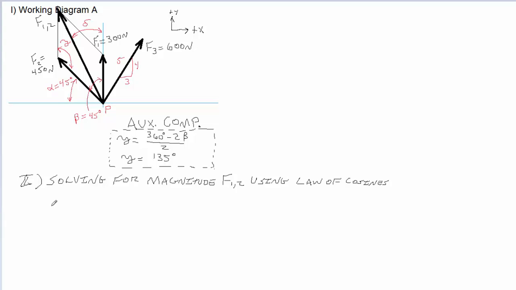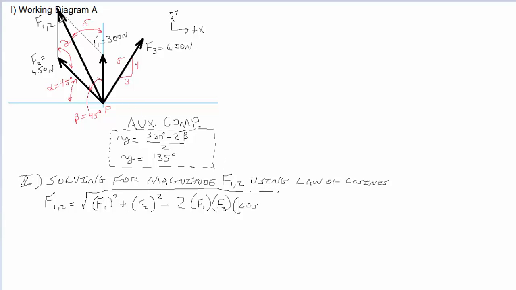So now I've got a parallelogram made up of two triangles that I can easily solve using the law of cosines. So F1,2 equals the square root of F1 squared plus F2 squared minus 2 times F1 times F2 times the cosine of the angle that's opposite of F12.